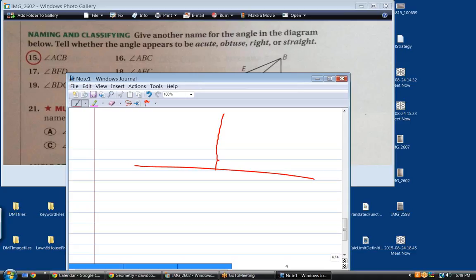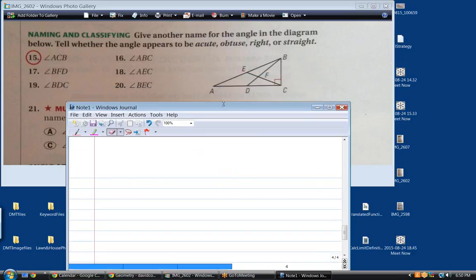However, if they put a right angle mark, then I know this one's 90, which also makes this one 90. So sometimes you can assume it's a right angle, but only if it's up against another right angle that is specified as a right angle.